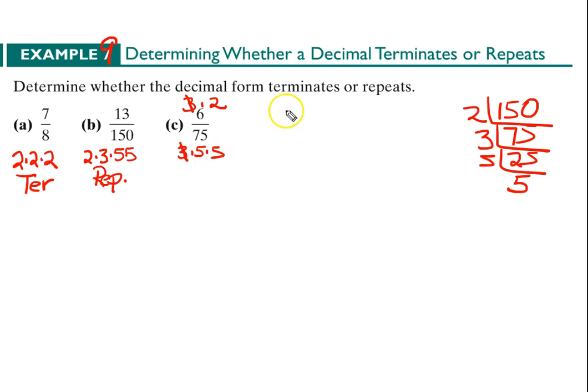So this then really becomes 2 over 25. So our new simplified denominator is 25, which is only made up of 5's. So this is a terminating decimal in its fractional form.